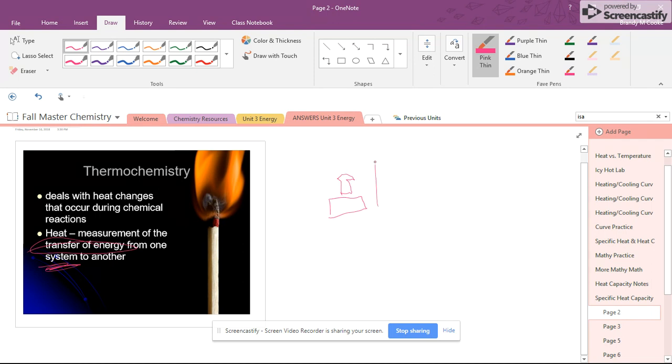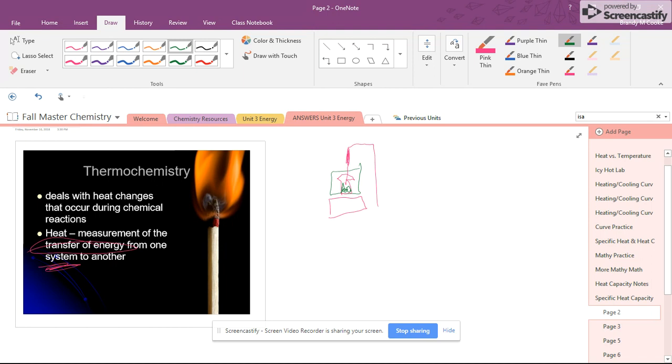And then we had a thermometer in there. Look at that. So we had our setup here, and we called the system the beaker, or the water inside of it, the ice, the water, the stuff inside of it. We called that the system because we were putting energy into it, and then looking at what happened as a result.